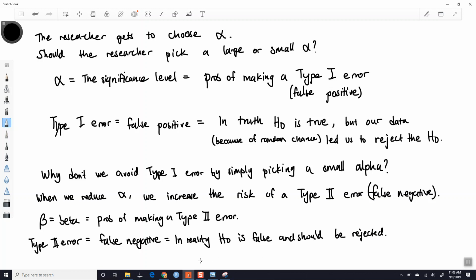However, our data, either because of random chance or because we just don't have enough data, does not lead us to reject the null. So our data just says, all right, I'm not ready to reject the null.